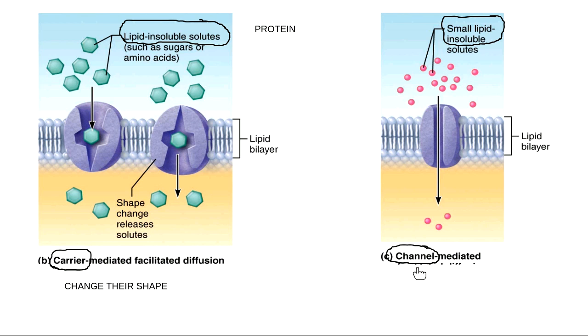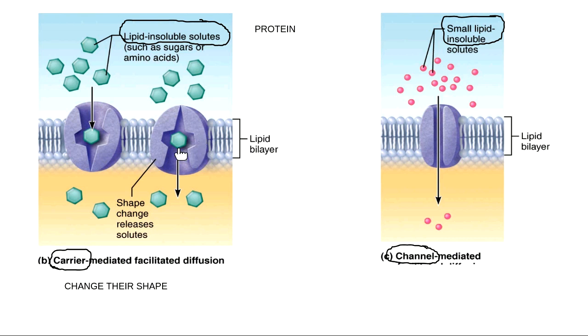When we talk about our channel proteins that move things across the membrane, the big idea with channel proteins is they have a channel, or an open space, that never actually attaches to what they're moving. See, when we have this shape change over here, the protein attaches on one side to this sugar to move it, and then it changes its shape and detaches from what it was transporting.